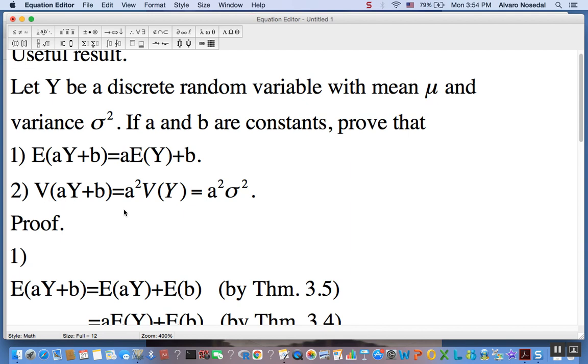It is a square times variance of y. Okay? You have to square that constant if you want to factor it out.